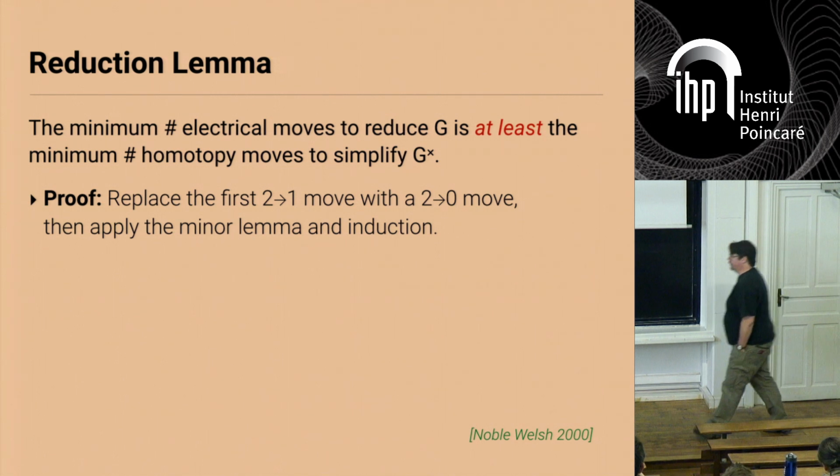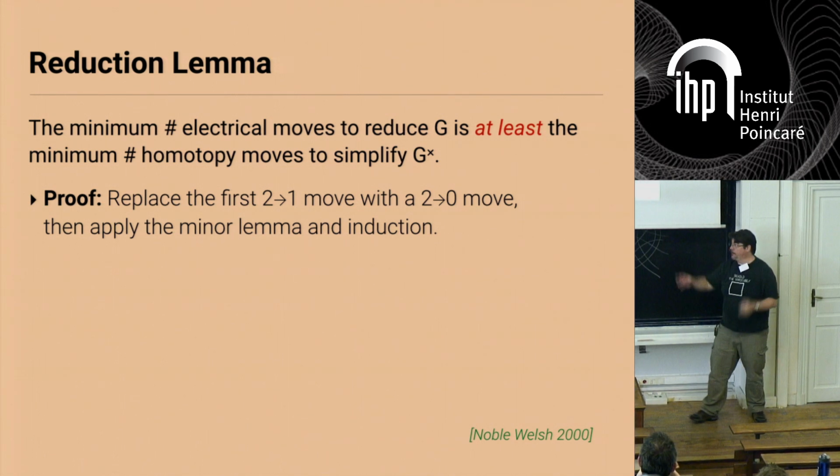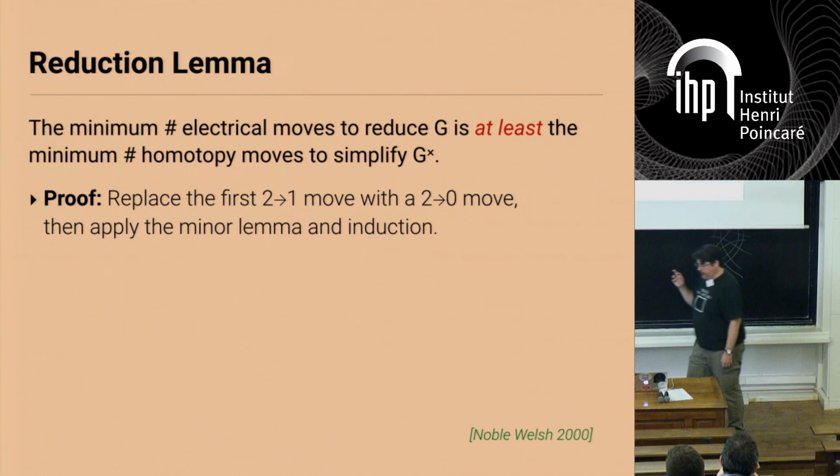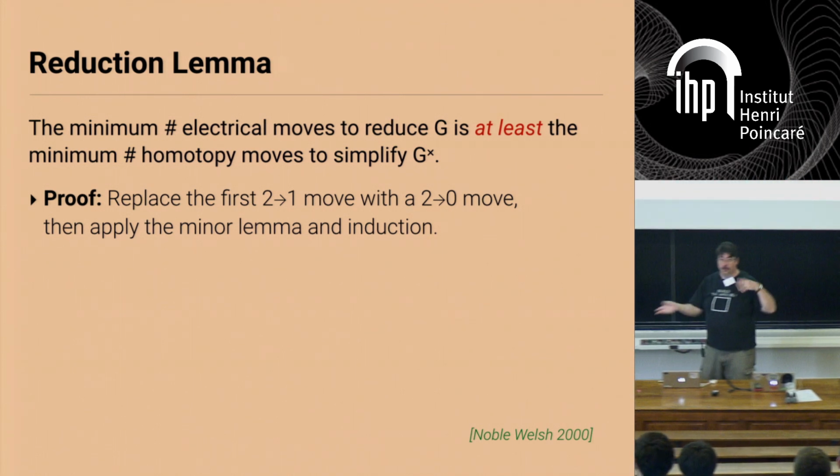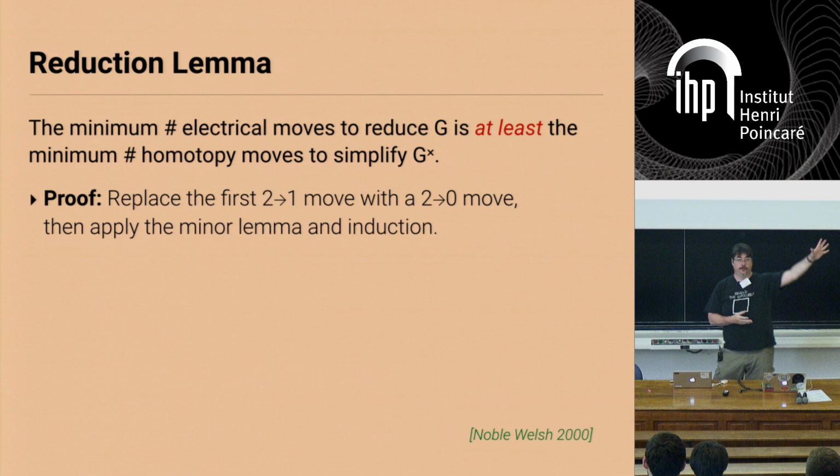Yeah, so to repeat what he said, what Noble and Welsh were interested in studying is if you have graphs that can be reduced with this family of operations, then can they also be reduced with that family of operations? And basically all we did is, by reading their proof more closely, show that there's an actual quantitative relationship in the case of this pair of moves.